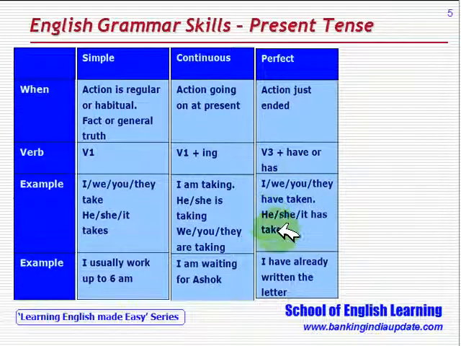Or he has taken, she has taken, it has taken. Another example, I have already written the letter. So action has just ended. So perfect tense is used when action has just ended. So here we have third form of verb plus have or has in case of present perfect tense.